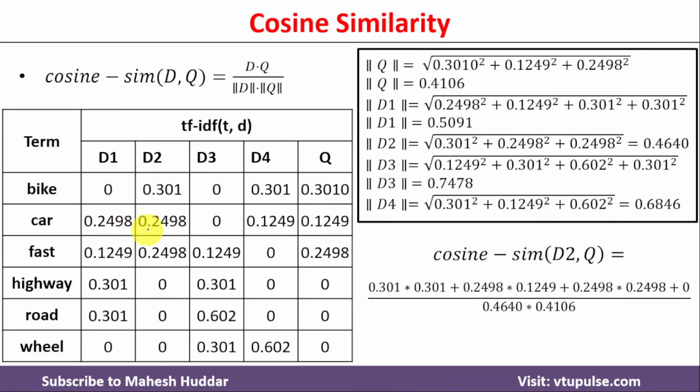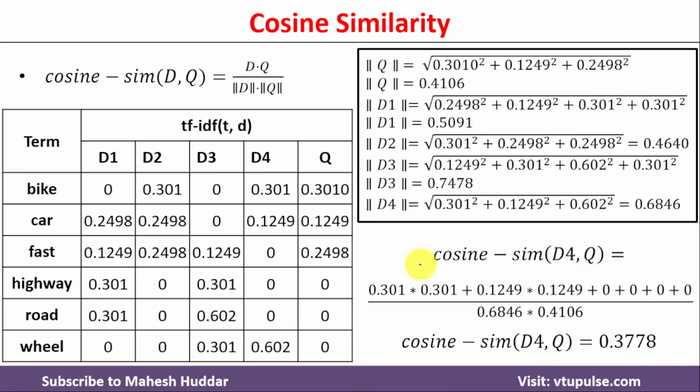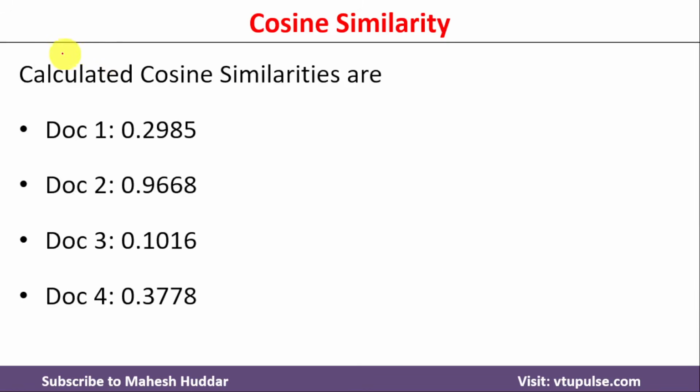Next we will find the cosine similarity of D2 comma q, which is equal to 0.301 into 0.301 plus 0.2498 into 0.1249 plus 0.2498 into 0.2498, and the remaining values are 0, divided by length of D2 into length of q, which is equal to 0.9668. Similarly, we will find the cosine similarity of D3 comma q and D4 comma q. Here the calculated cosine similarities are given.